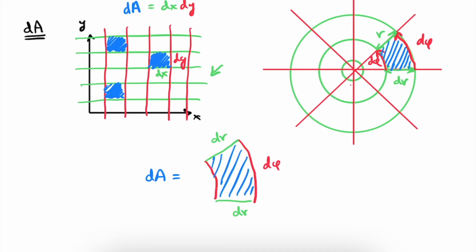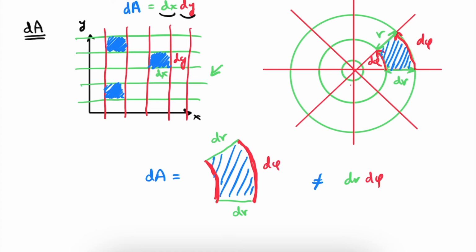And whereas in Cartesian coordinates, we simply had dx times dy, we here absolutely do not have that. This is not simply dr multiplied by d phi. And why this is, is because these sides of our surface are curved.